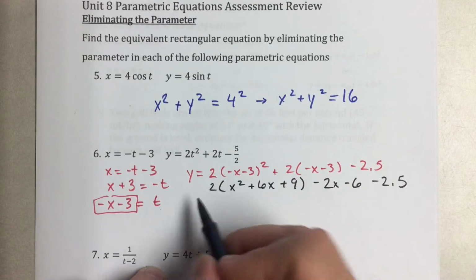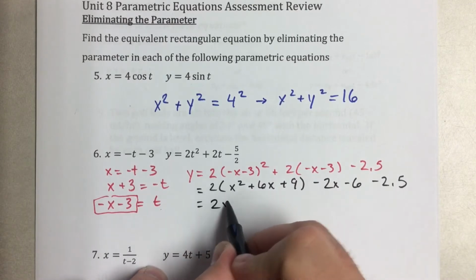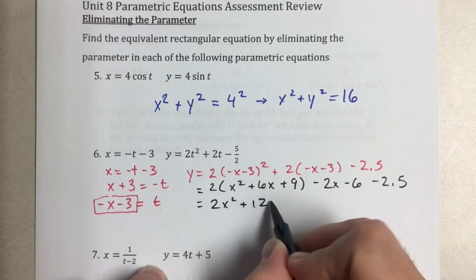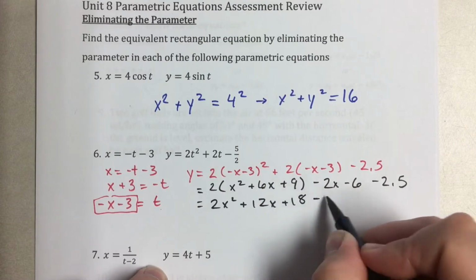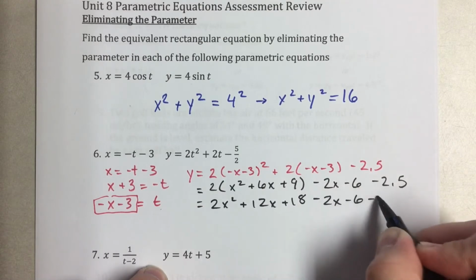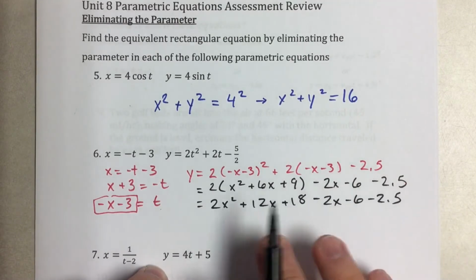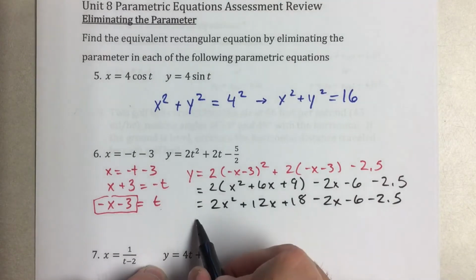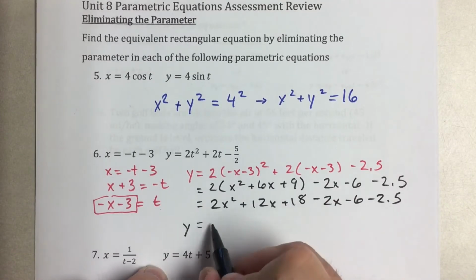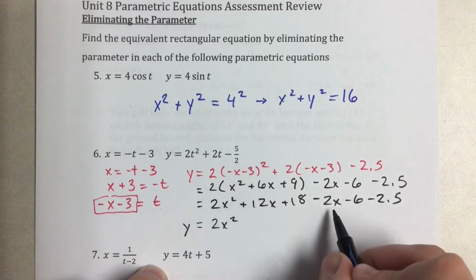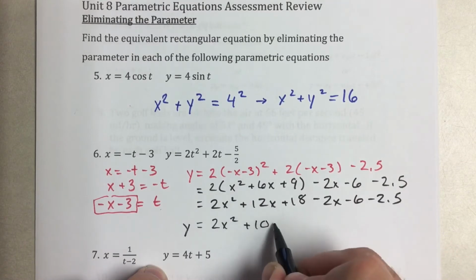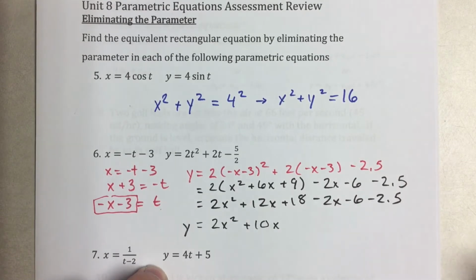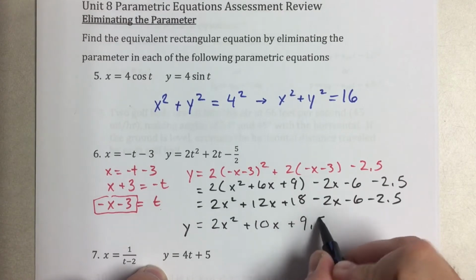We distribute the 2, giving us 2x squared plus 12x plus 18, minus negative 2x, minus 6, minus 2.5. All of this is on one side, so we combine like terms, which gives us an equation of 2x squared plus 10x, and 18 minus 6 is 12, minus 2.5 is 9.5.